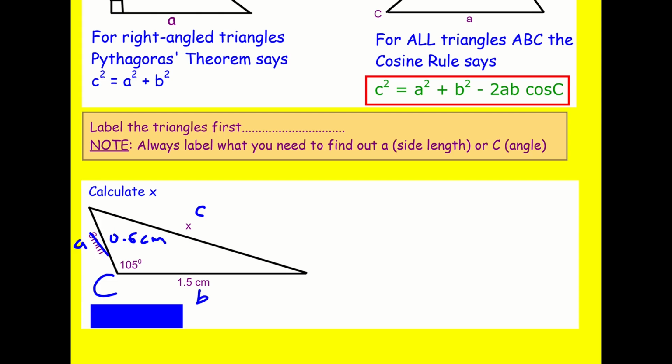It is important to be careful with these sorts of things. I can then write down that c squared, which is x squared in my case, let me just write that again, is equal to a squared, which is 0.6 squared, plus b squared, which is 1.5 squared. I mean, if it helps, I can write down that x equals c, equals x rather.